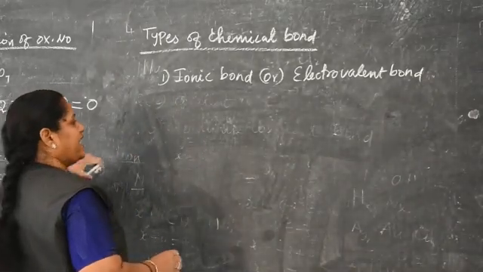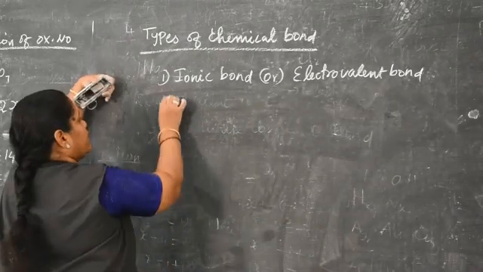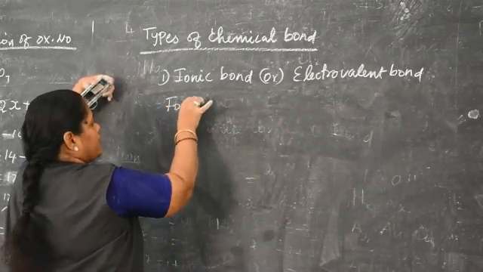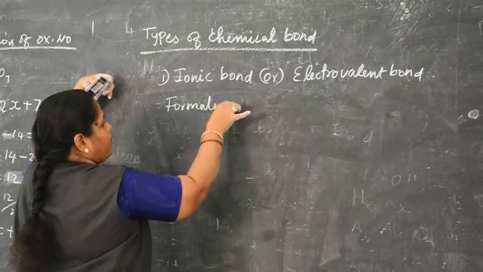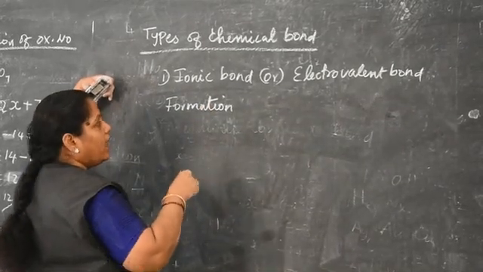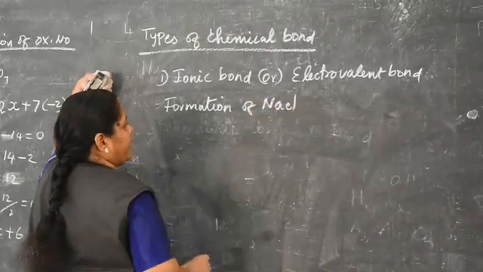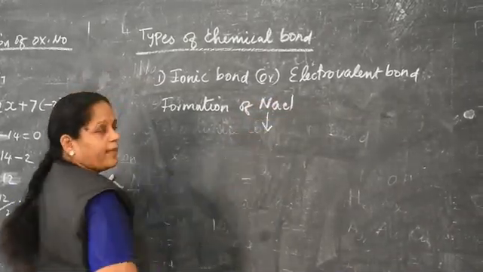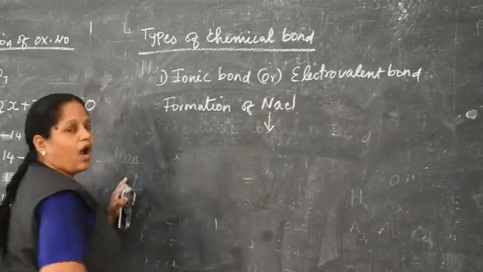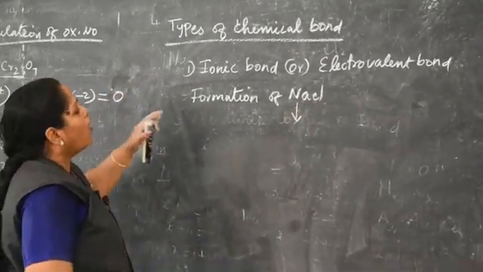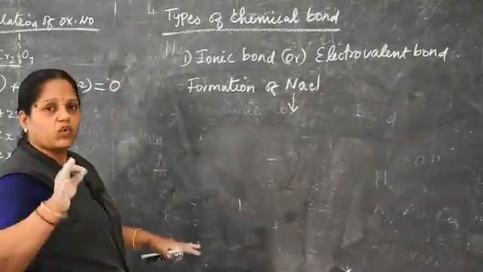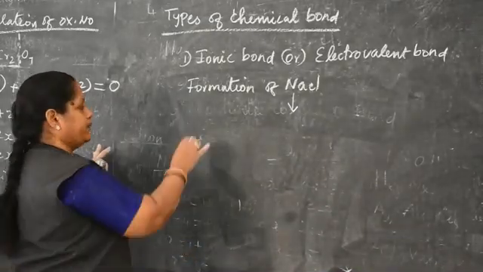Now let us consider the formation of sodium chloride, an ionic bond formed between a positive ion and a negative ion. Here sodium is a metal, chlorine is a non-metal.